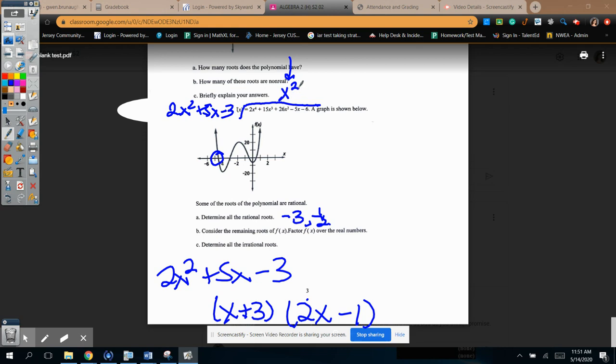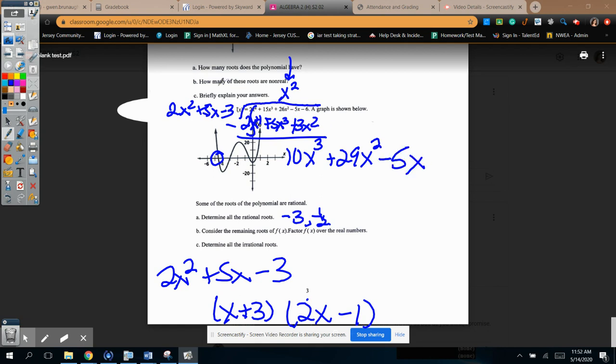Multiply down: 2x to the 4th plus 5x to the 3rd minus 3x squared. Change the signs. So this is gone, and I have 10x cubed plus 29x squared minus 5x.